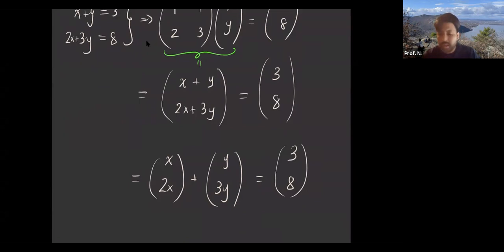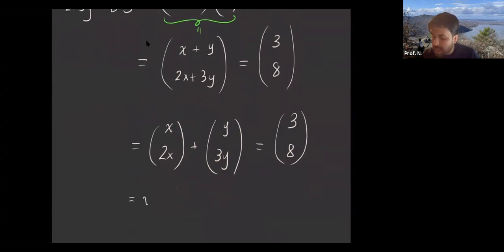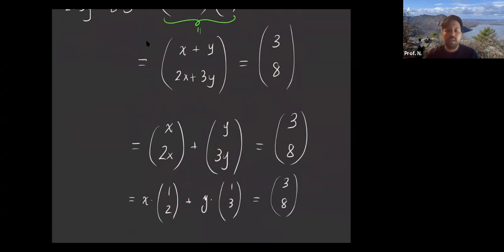And then what else can I do now? What are X and Y? You consider them as scalars. So I can write this as X times 1, 2 plus Y times 1, 3. What am I trying to say?